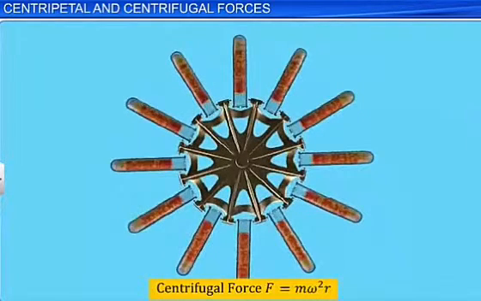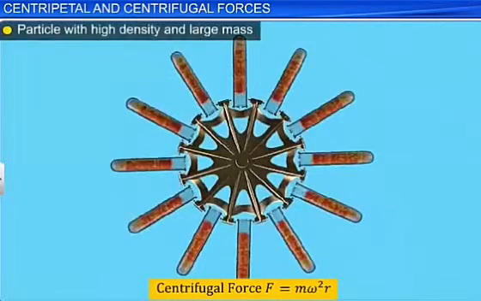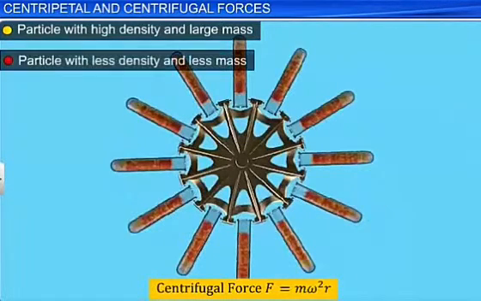The liquid in the test tube is a mixture of different densities. The particles of a high-density liquid have more mass than the particles of a low-density liquid. When two particles of different masses are at the same distance from the axis of rotation, the centrifugal force acting on the particle with the greater mass is larger.